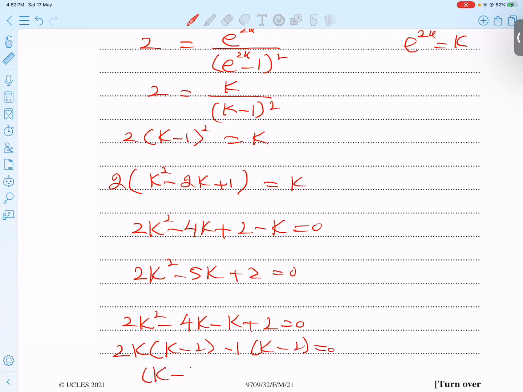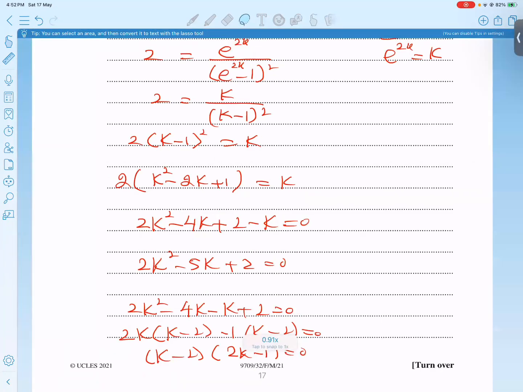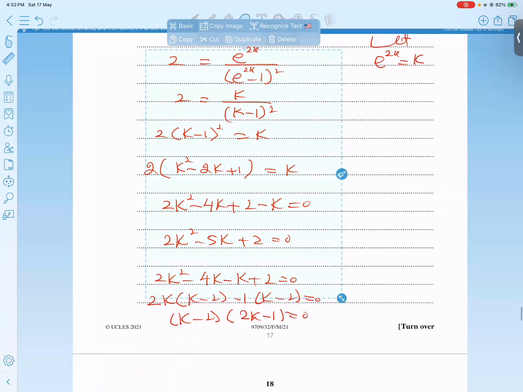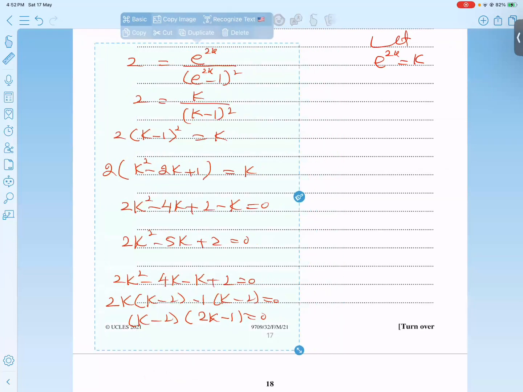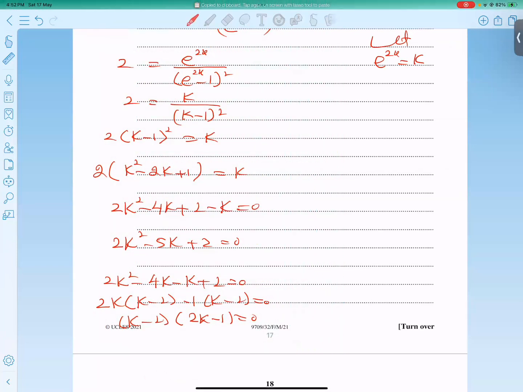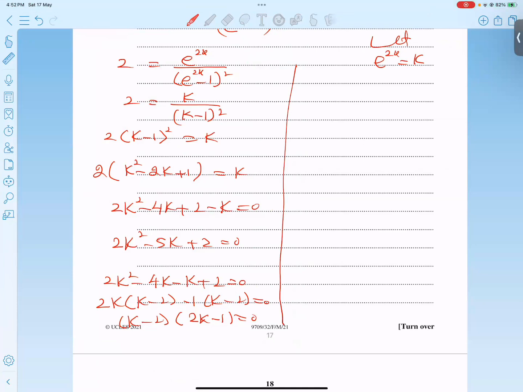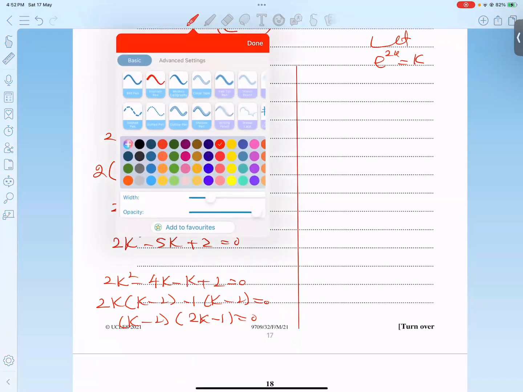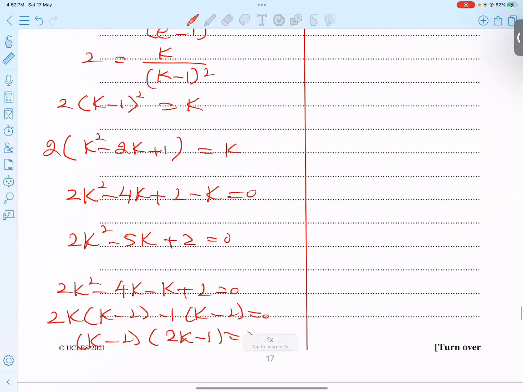I got k minus 2 and 2k minus 1. So finally, if I check carefully, I got two answers, students. One answer is 2. The second answer I'm getting here is half.